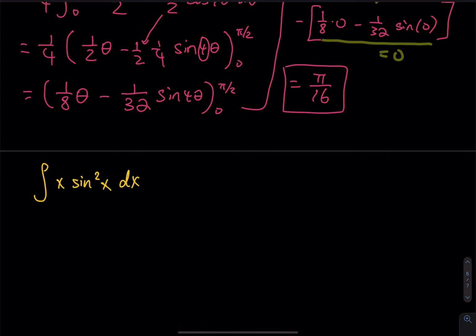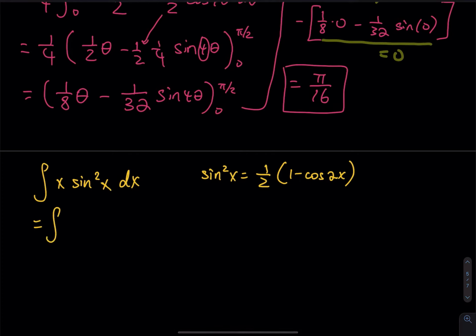So the power of sine is even, so we will use the double angle formula. According to the recipe I gave you, sine squared x is equal to 1/2 times 1 minus cosine of 2x. This came from the double angle identity. Okay, so let's do the rewrite.